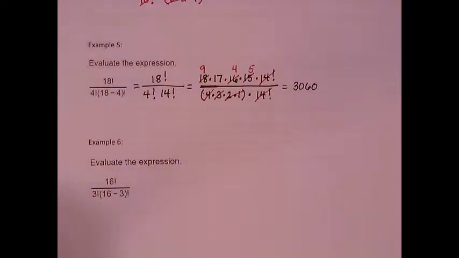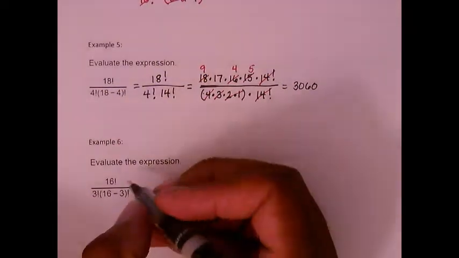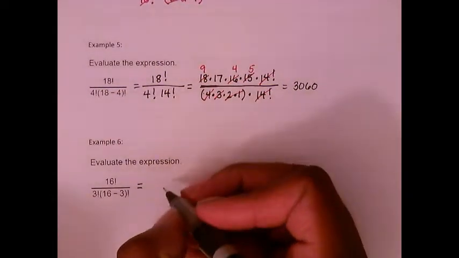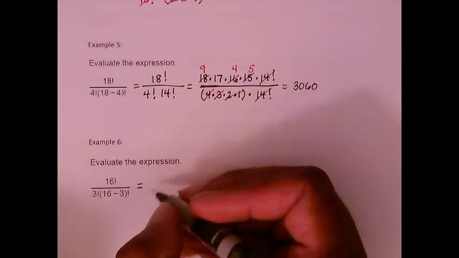Alright, next we'll look at example 6. We got 16 factorial divided by 3 factorial times the quantity 16 minus 3 factorial. Well, let's simplify what's in the parentheses here.